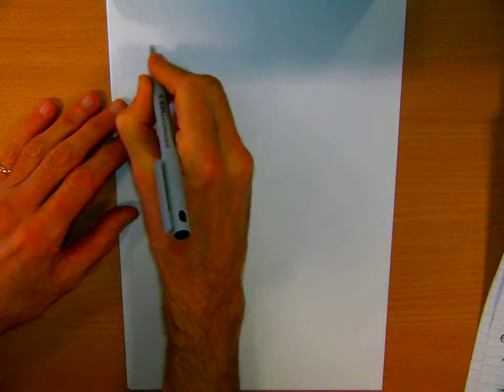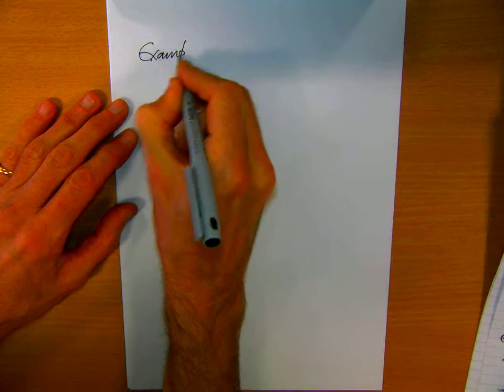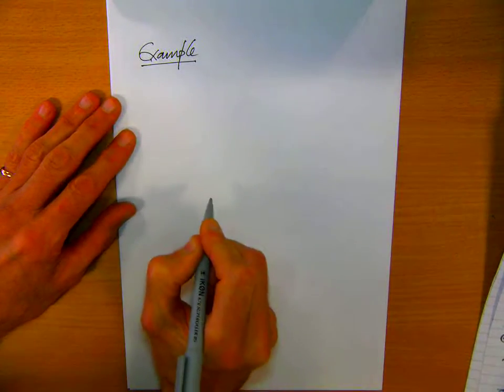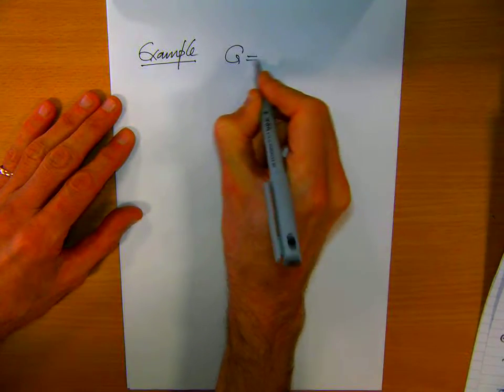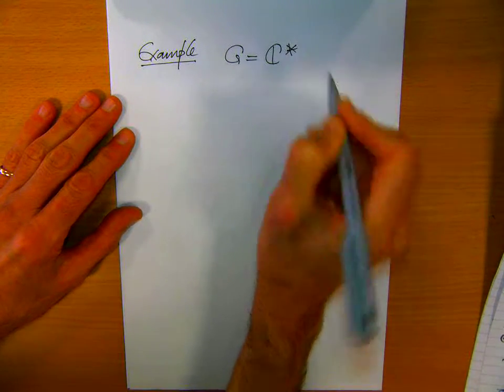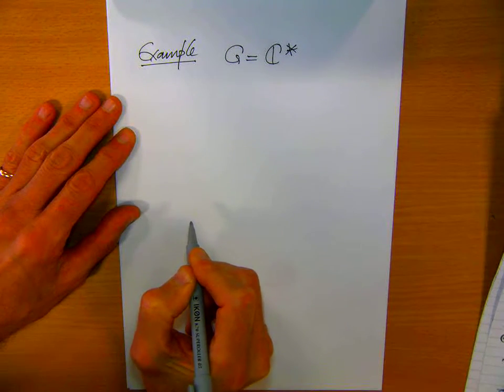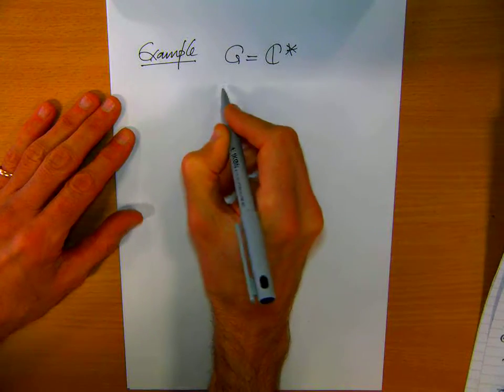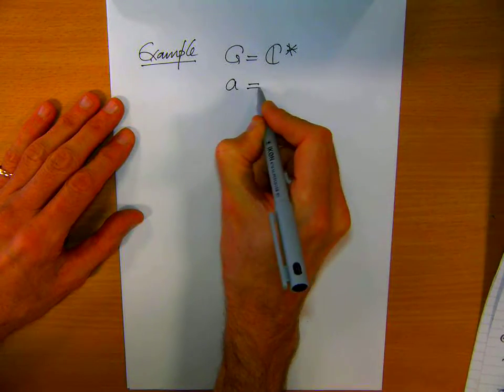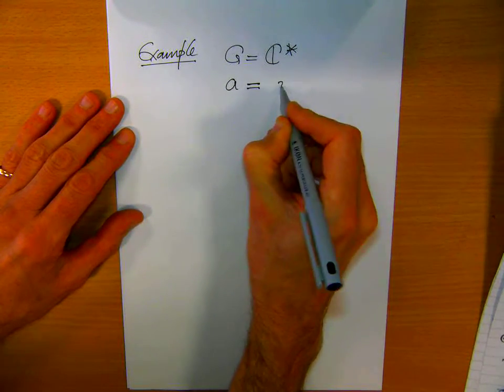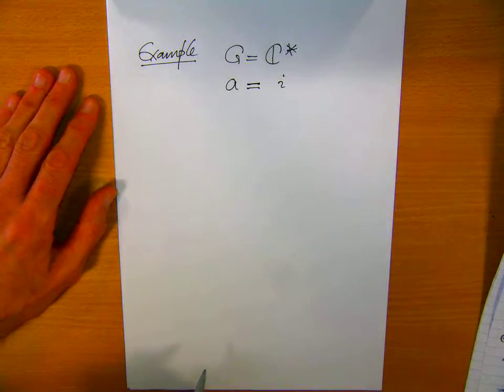Perhaps we should just do a quick example to illustrate that. Again, it's an example we've seen already. So for instance, we take G to be the non-zero complex numbers, and we took A to be, say, i. So this is an example we've seen before.